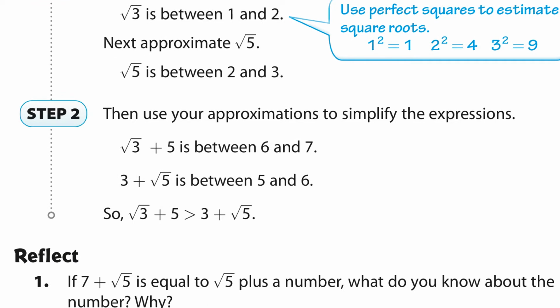So the square root of 3 plus 5 is in between 6 and 7, because the square root of 3 is in between 1 and 2, so it's 1 or 2 plus 5, which is 6 and 7. And 3 plus the square root of 5, which is between 2 and 3, so you can either add 2 or 3. So 3 plus 2 is 5, or 3 plus 3 is 6.